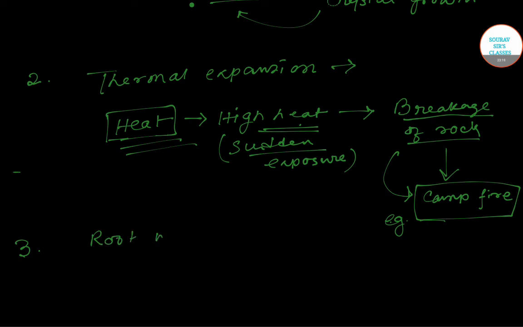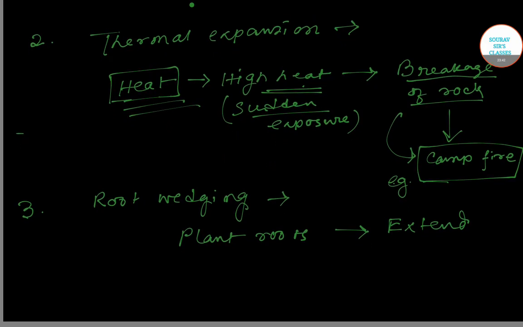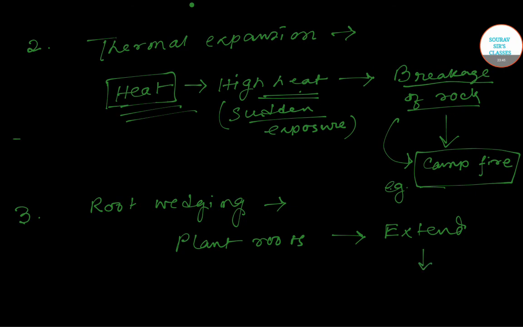Well, moving to the next point, that is root wedging. So what is root wedging? Well, when the plant roots are expanding, that is an extension of plant roots, and they grow, so that also may lead to the breakage of rock.